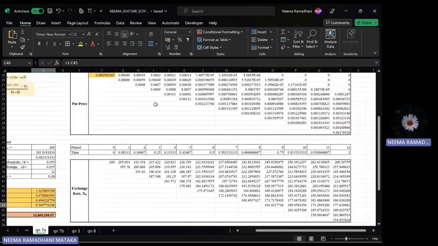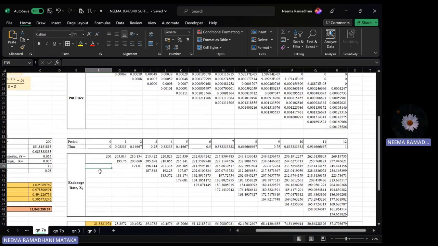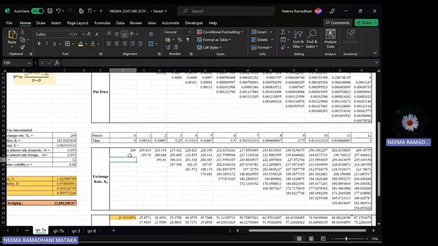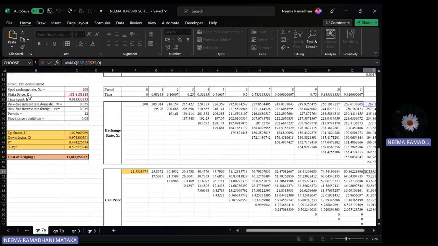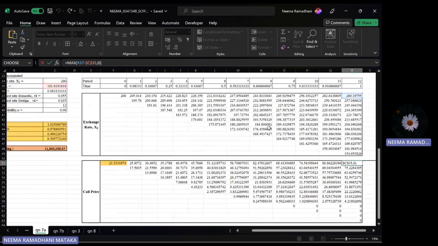Again, as in the previous table, as how we did when we prepared the table, we're going to do the same here. We're going to calculate the exchange rate prices here. Since we have our initial values, we move on to our call price. To calculate the call price, we take the exchange rate prices minus the strike prices, and anything lower than zero will return as zero.